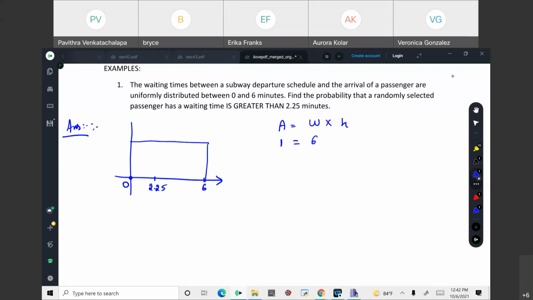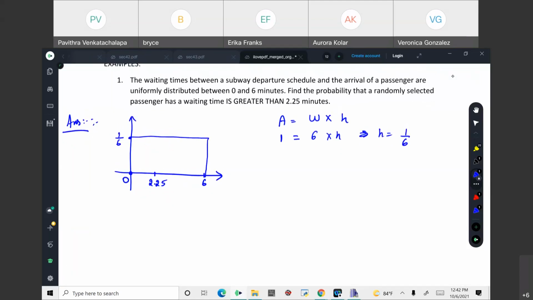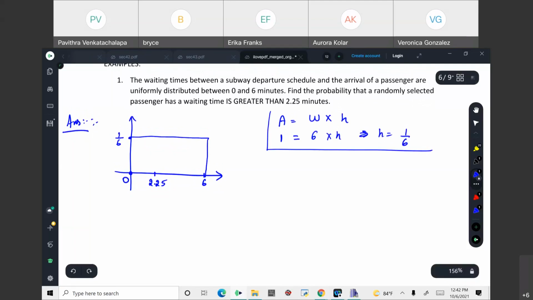That gives you the width of the rectangle, which is 6. Height, I don't know. So height will be equal to 1 over 6. So I will mark the height on the rectangle there. Height is equal to 1 over width. So this is just to find the total area or the height.